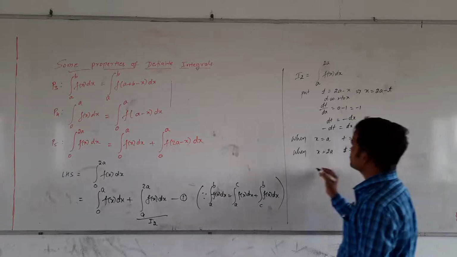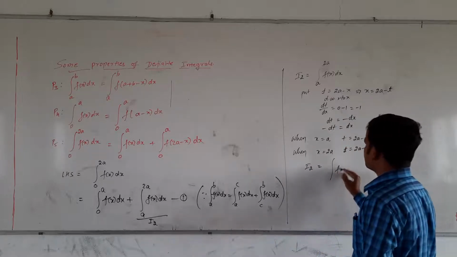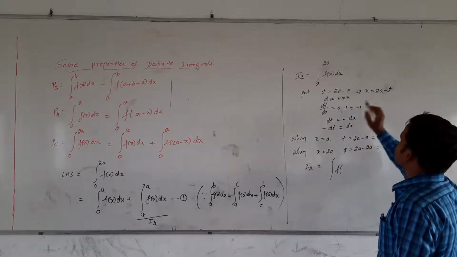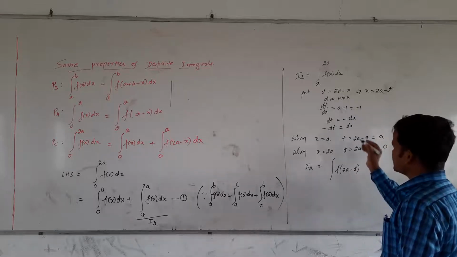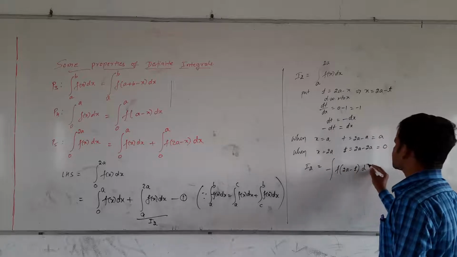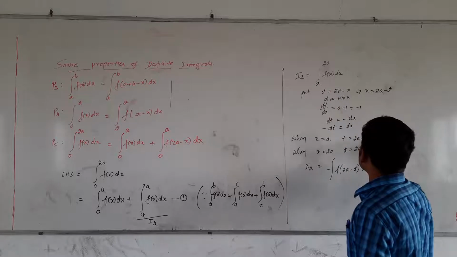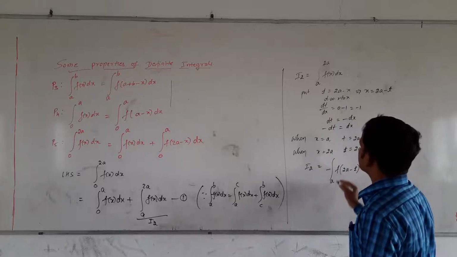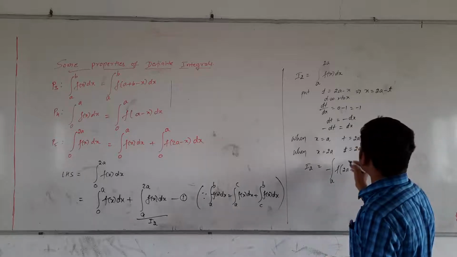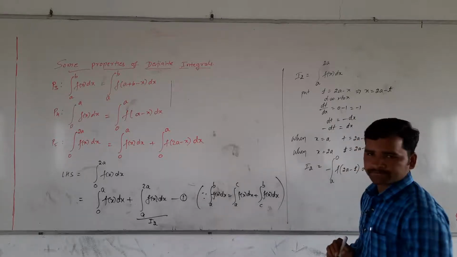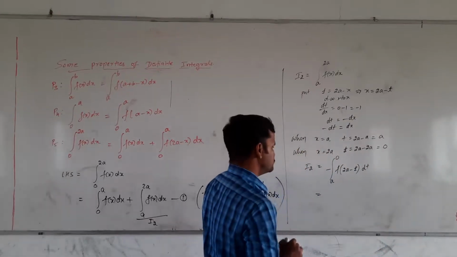So I2 is equal to the integral of f of 2a minus t in place of x, dx is minus dt, so I write minus outside into dt, with lower limit a and upper limit 0.